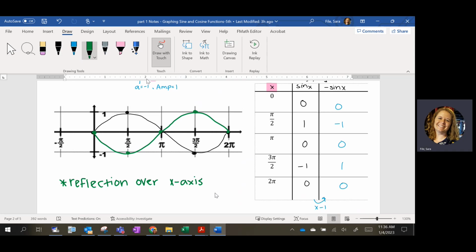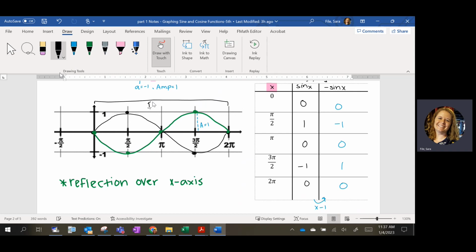That's the same transformation rule we've always used. When you have a negative A value, it flips your graph. It didn't change the size of my graph. The amplitude is still 1. It didn't change the width of my graph.